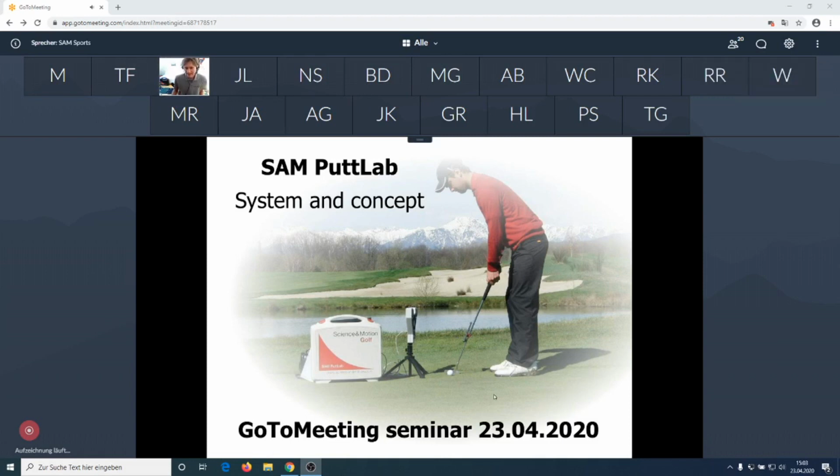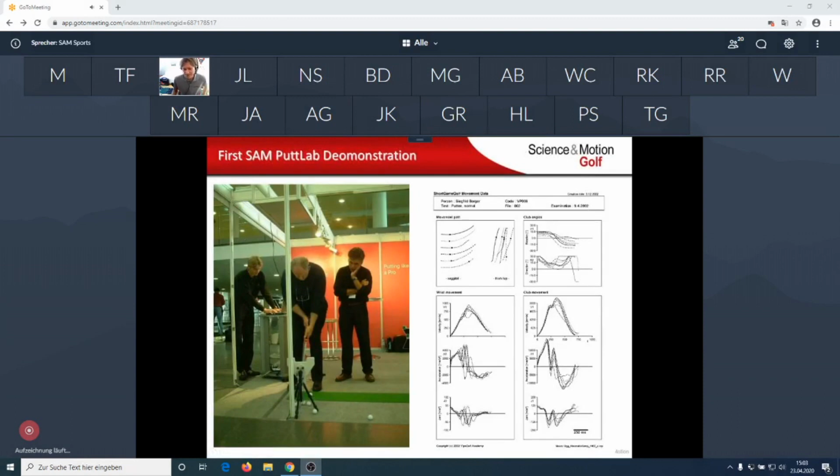Well, SAM PuttLab, and this is where we come from, in the year 2003, first exhibiting our prototype at the teaching conference in Munich. This was a time where the teaching conference was always combined with a European Golf Expo. We had a lot of coaches there, about 1,200, I think.